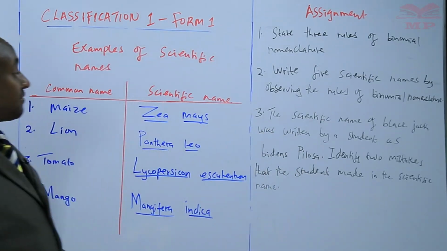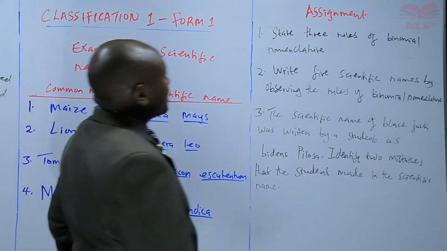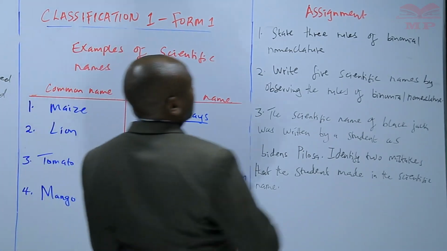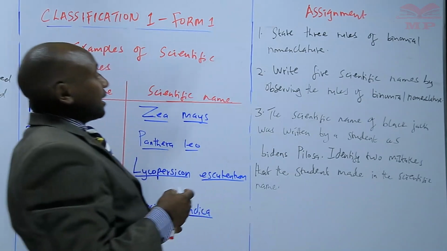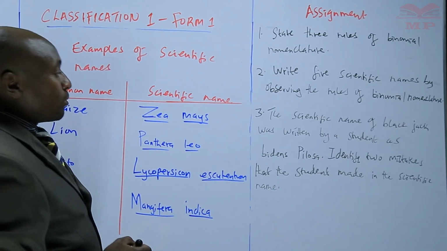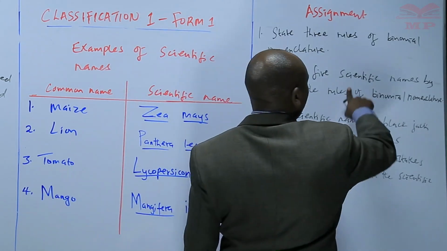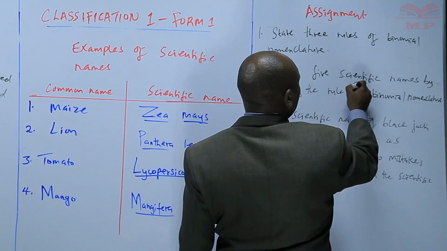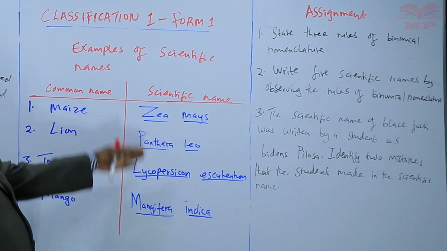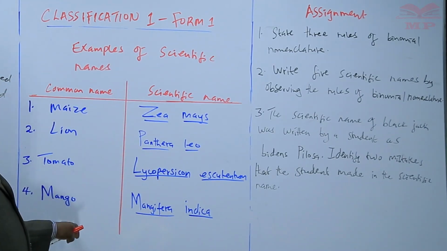So the assignment, the first question, state 3 rules of binomial nomenclature. 2, write 5 scientific names by observing the rules of binomial nomenclature. So this one, you will research on scientific names more than what we have just done.